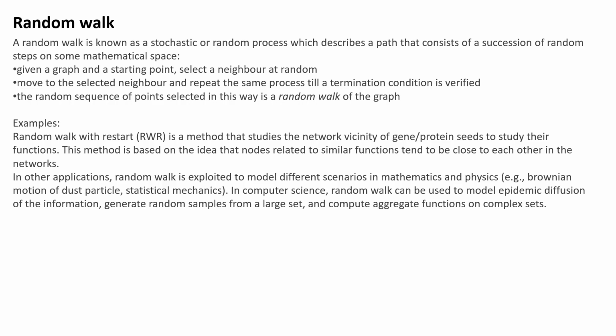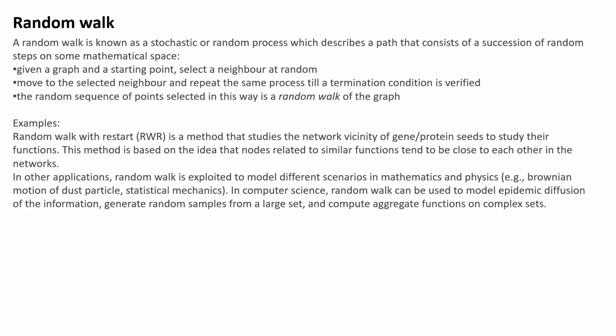And in computer science, random walk can be used to model epidemic diffusion of information, but also you can model things like contact tracing for epidemics like COVID-19. So an interesting scenario is that you represent each node as a person, and you represent the nodes around that node as their neighbors.